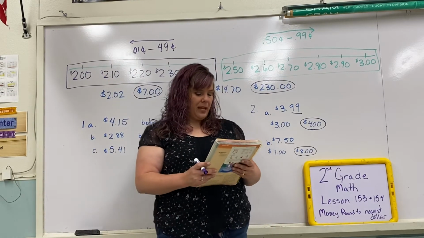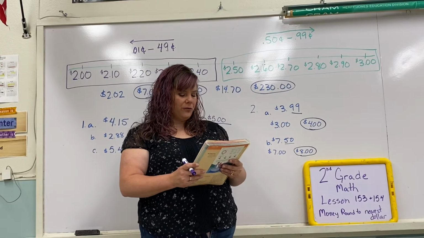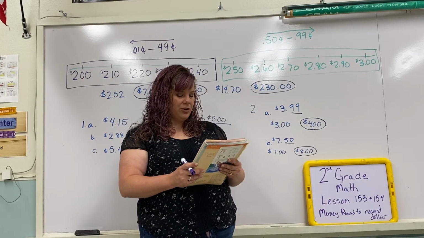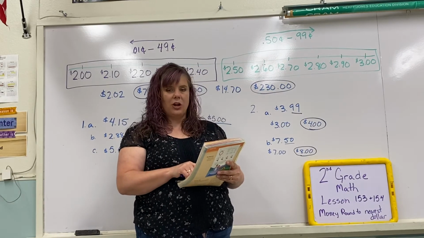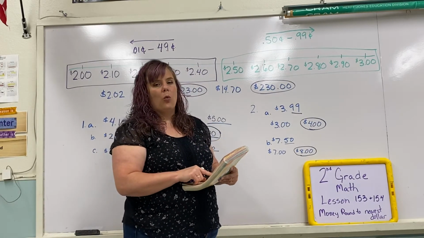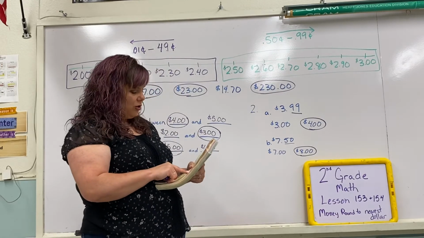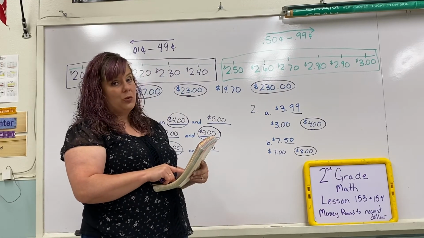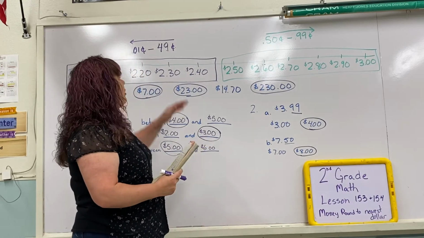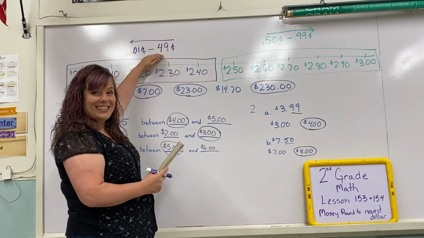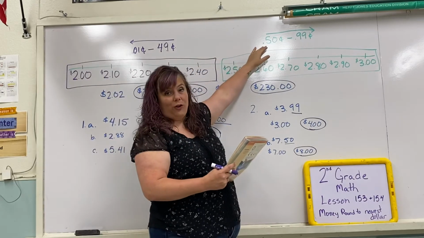Now let's look at B. What is $5.40 rounded to the nearest dollar? Okay, so we're looking at that canteen, $5.40. What is it rounded to the nearest dollar? That means we're going to have no cents, only dollars. So $5.40, where is 40? Is 40 over here on this side? Or is 40 over here on this side?